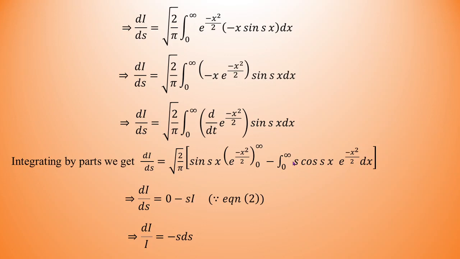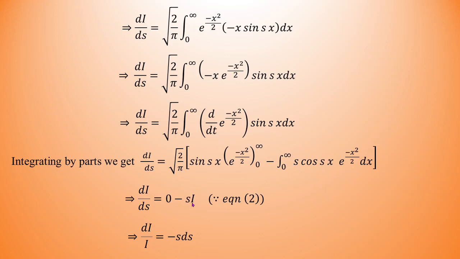You can see here this is nothing but the same as I, right? If I take s outside, the remaining term is nothing but I. So we will have such an expression, whereas this first term for the given limits reduces to 0. E raised to power minus infinity will make this 0, and for the lower limit sine of 0 will be 0. So the first term is completely 0 for our given limits. So this is 0. Now this is I.